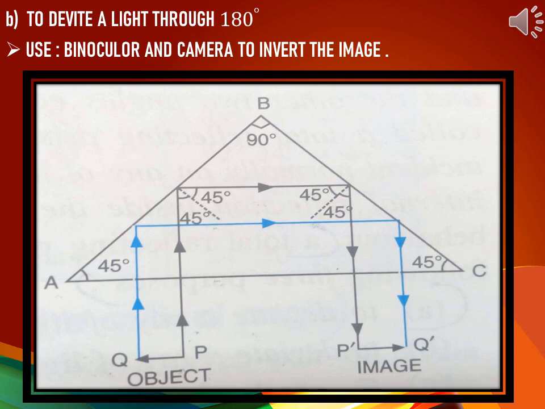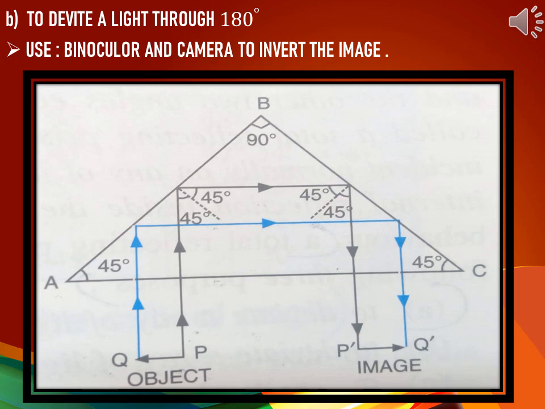The reflected beam inside the prism strikes the face BC at an angle of incidence equal to 45 degree. So, it again suffers total internal reflection. The beam of light inside the prism now falls normally on the face AC and therefore passes undeviated out of the prism, forming the image P'Q' of the object PQ.